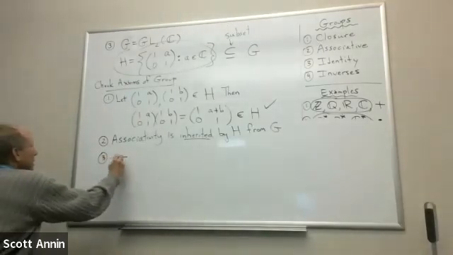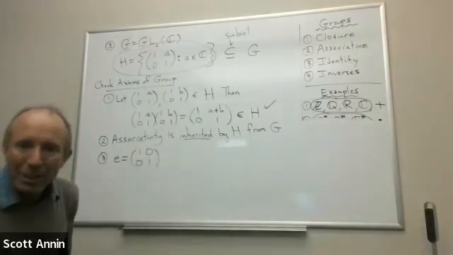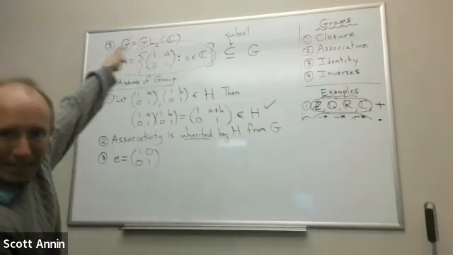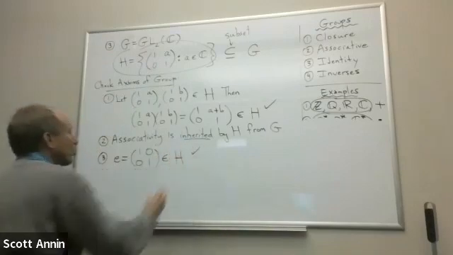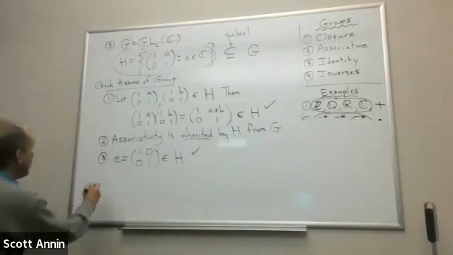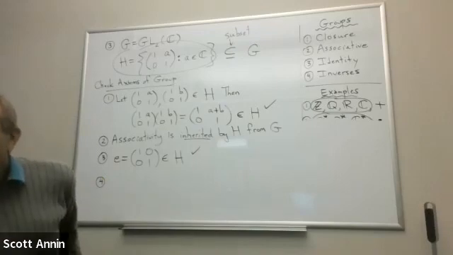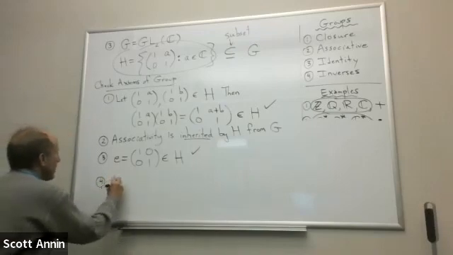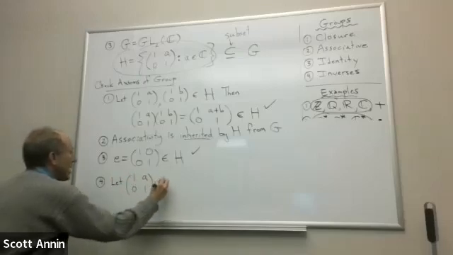My identity element, that's the third axiom. If I take a look at that element, it sure does look like it has the right form of anything that's living in H. So this is certainly inside of H, and I can check that off immediately. And then finally, I have to think about inverses. Let's take just the first element from H that we had before.